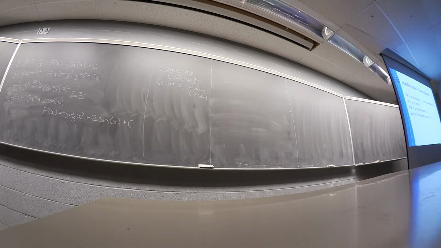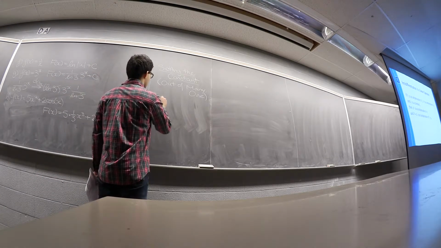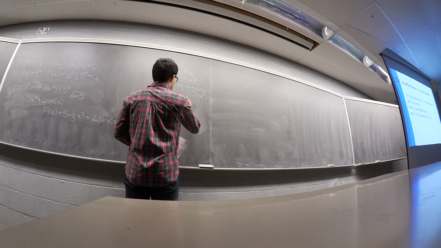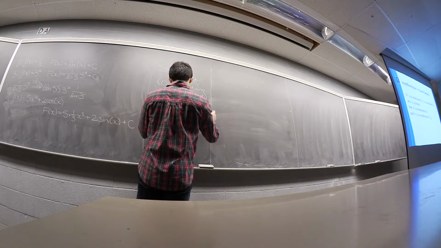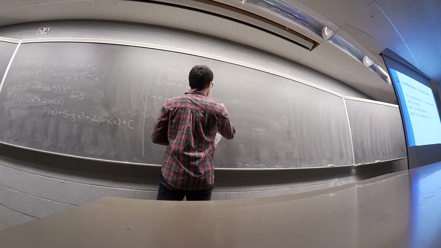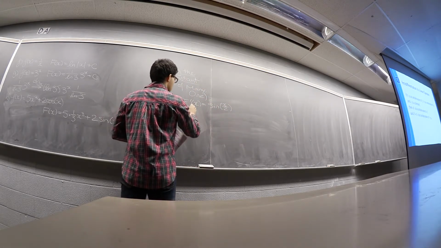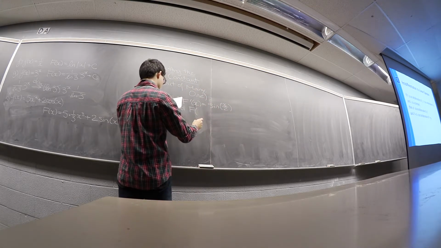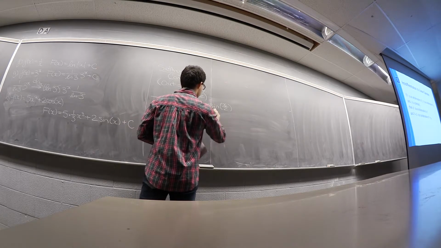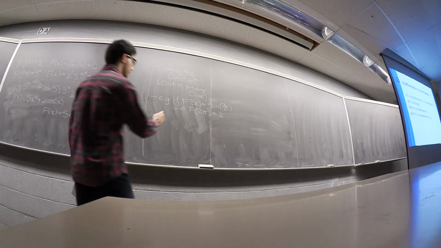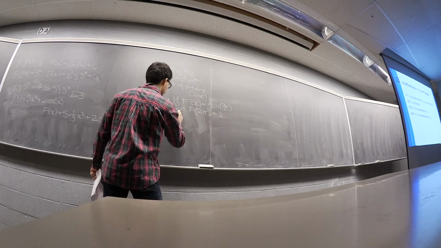Hopefully that'll make sense. Example. If the derivative of big F is sine x over 2, and we know that F takes the value 1 at 2 pi, find F.